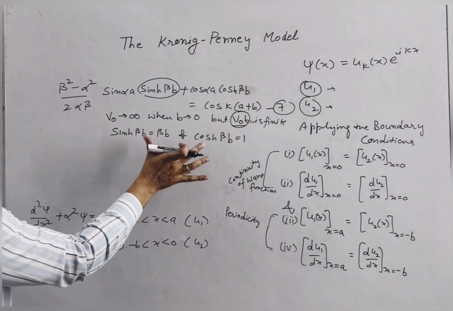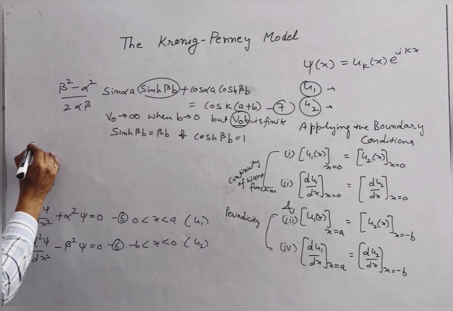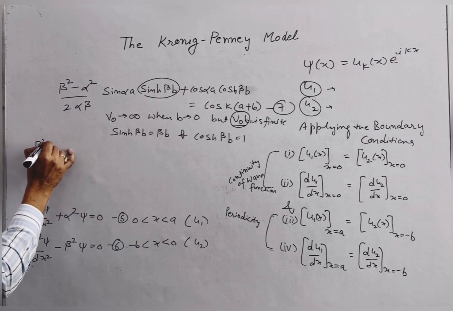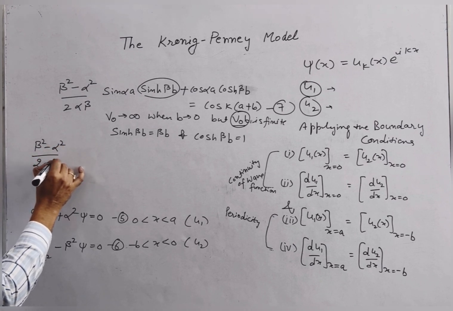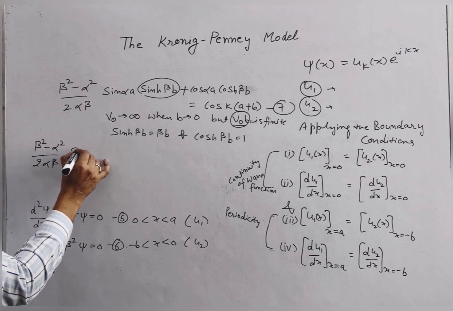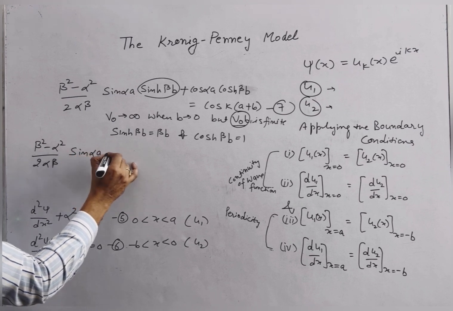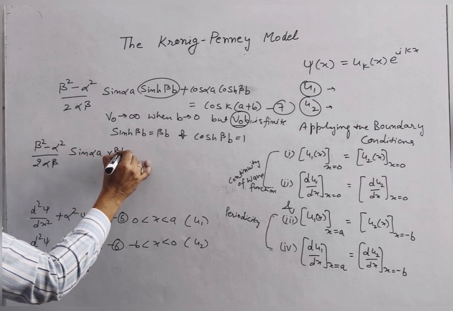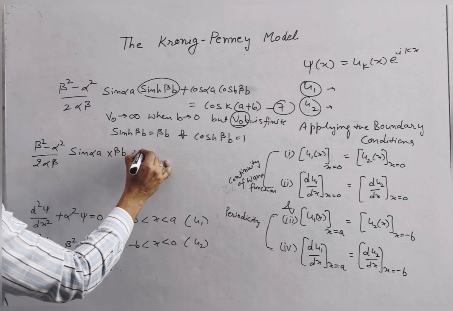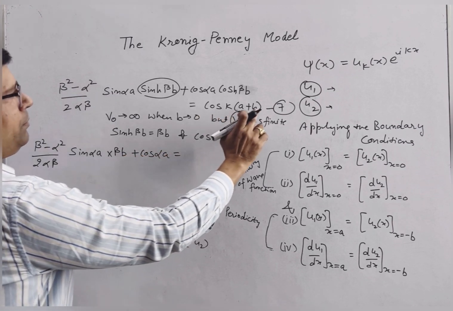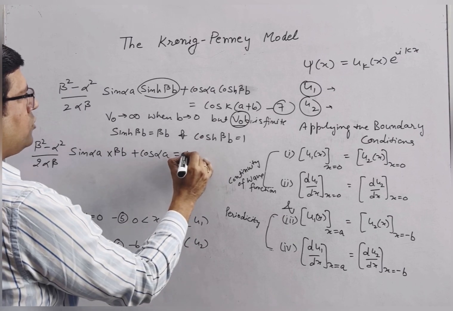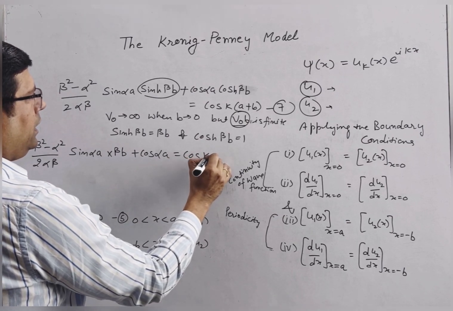Now put these values in equation number 7. We get (beta square minus alpha square) upon 2 alpha beta, sin alpha a into beta b, plus cos alpha a equal to, right hand side, b is 0, so this will be cos ka.